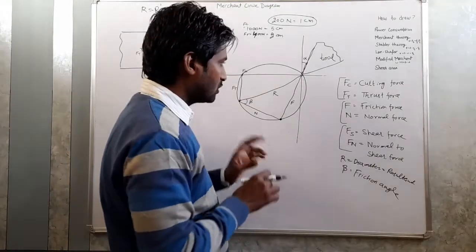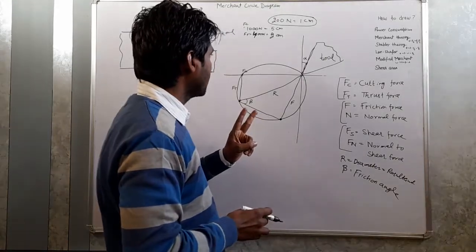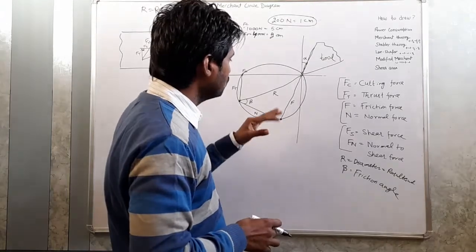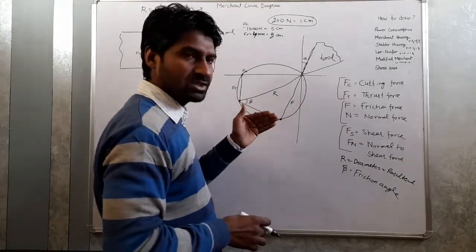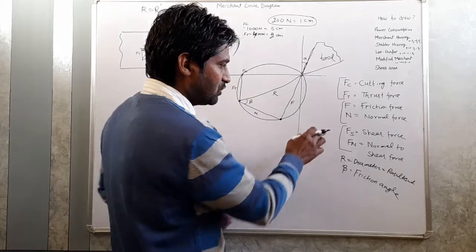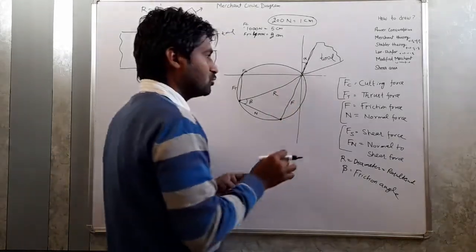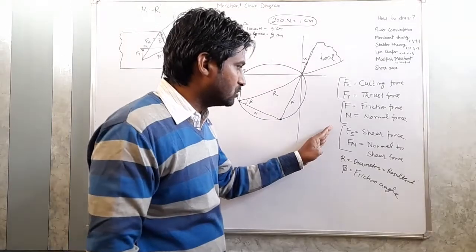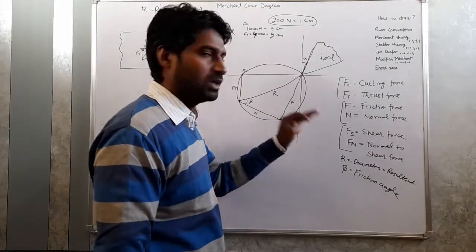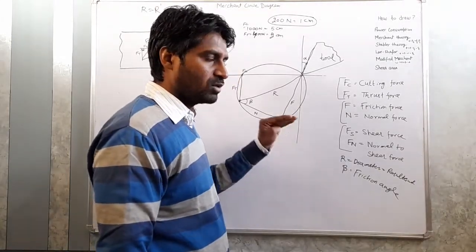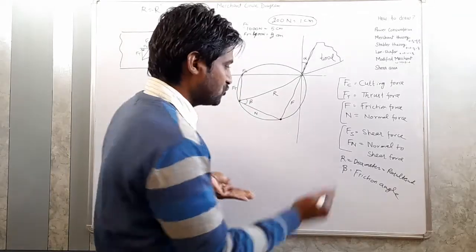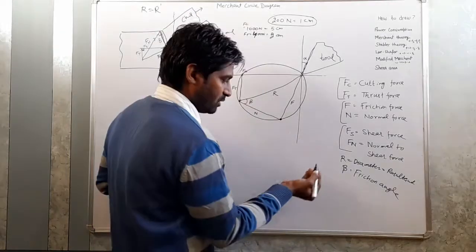Now there are two forces we still have to measure, that is Fs and Fn, the shear force and the force normal to shear. So now we have to draw the line of shear force, and we have to calculate the shear angle, that is phi. How can we measure this?